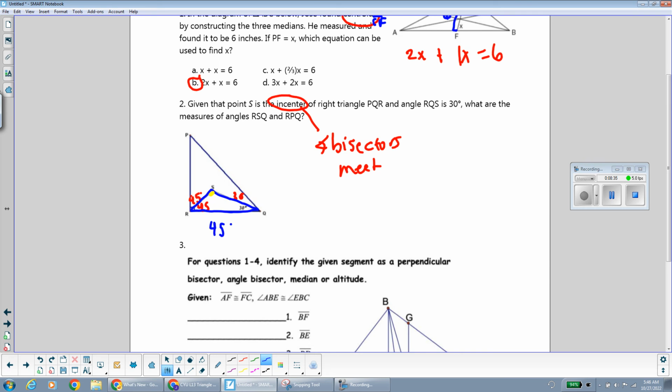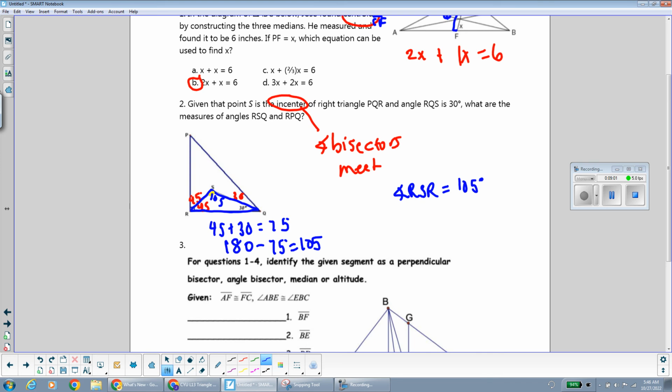So if I do 45 plus 30, that is 75. And then if I subtract that from 180, I get the measurement of the missing angle. So angle RSQ is equal to 105 degrees.